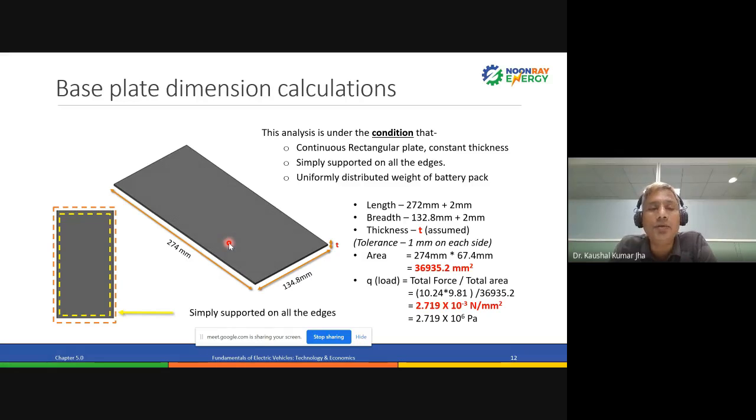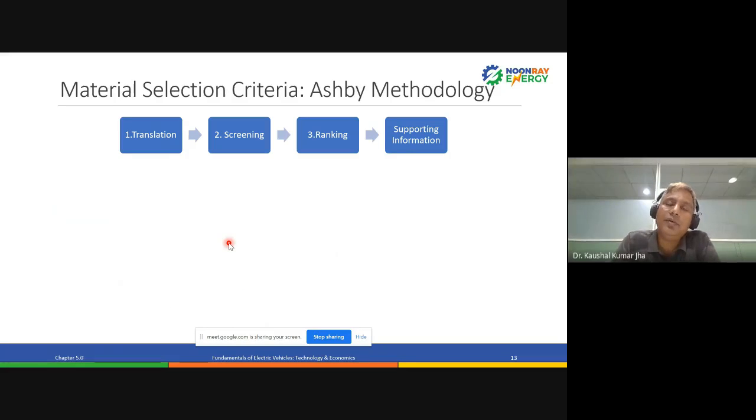But before going to the thickness of the plate, what is required is which material we should use. So next, we are going to talk about a very nice methodology, the S-way methodology, for material selection criteria.